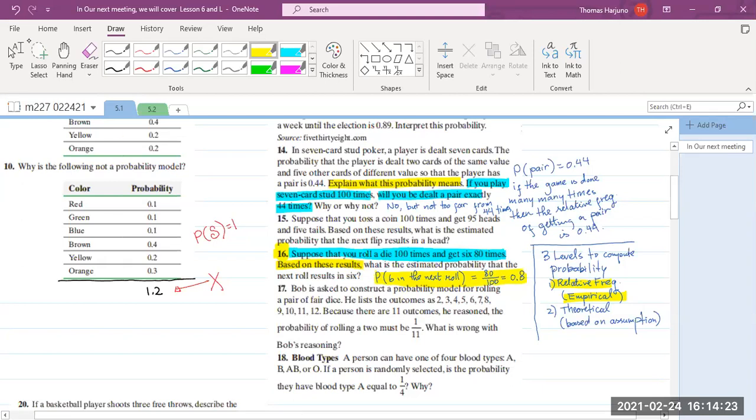Now I try to emphasize this because the third one is the subjective method.